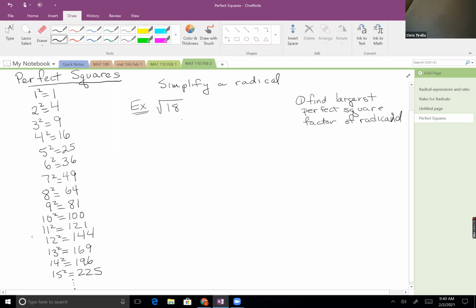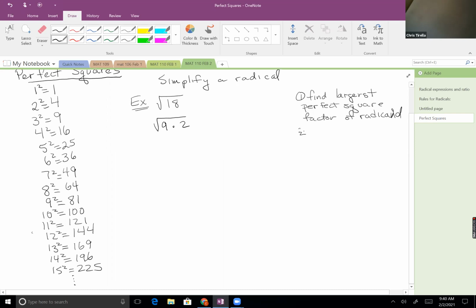Let's see, 16 doesn't go in evenly, but 9 does. And so I'm going to express it as a product. Then I'm going to use that product rule. The square root of 9 times 2 is the square root of 9 times the square root of 2.